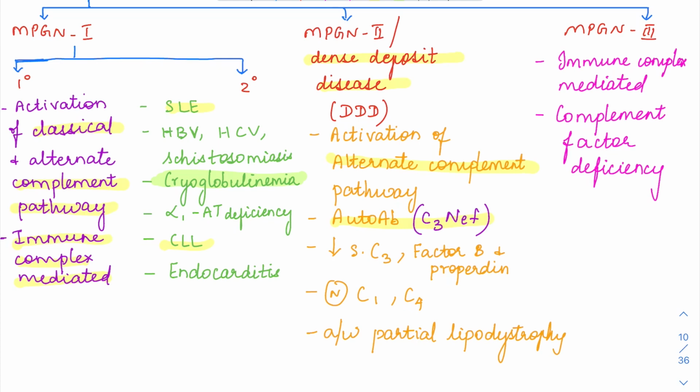The alternate complement pathway C3 convertase is C3bBb. So this will be stabilized. When this is stabilized, continuous activation of the alternate complement pathway will be there. So the alternate C3 will be consumed. So C3 levels will go down in the blood, while the normal classical complements like C1 and C4 will be normal.